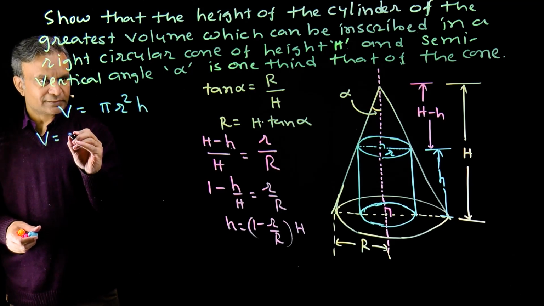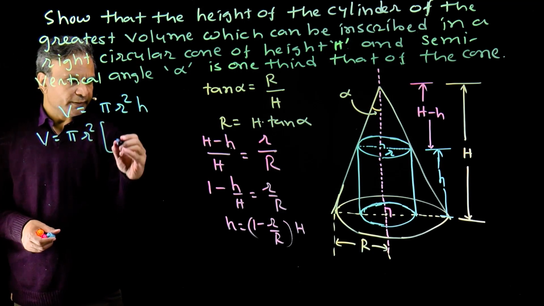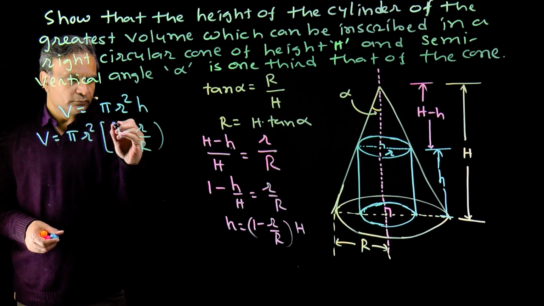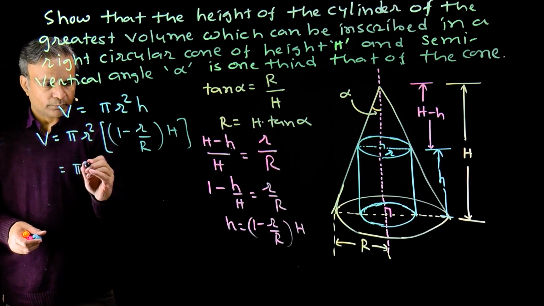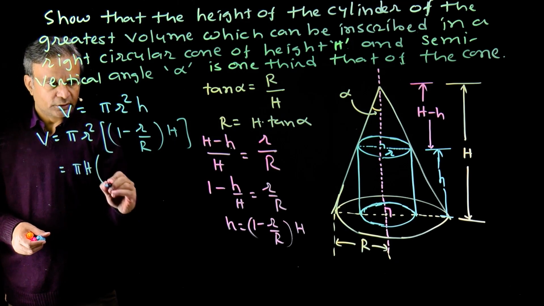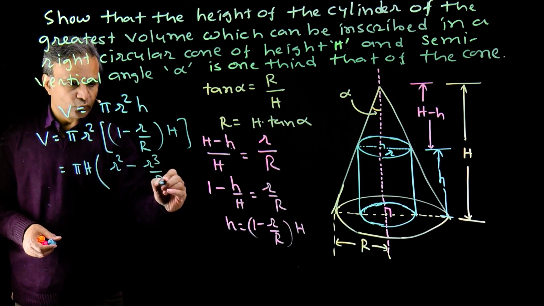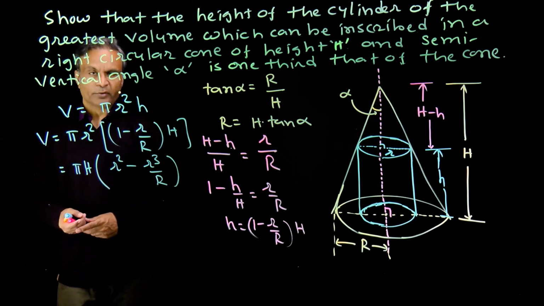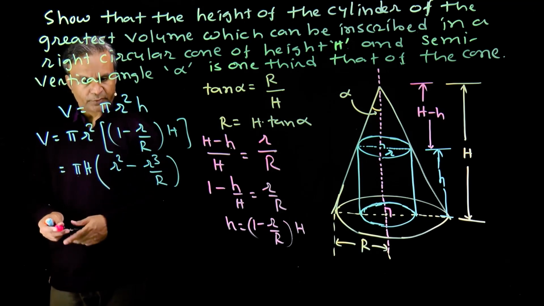It is V is equal to pi r square multiplied by 1 minus r over R multiplied by H. This is pi H multiplied by r square minus r cube over R. This is the volume, a function of the variable r. So we differentiate this with respect to r.